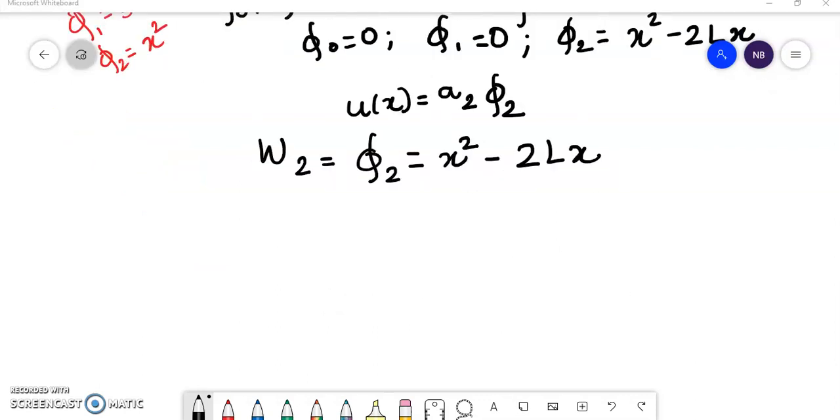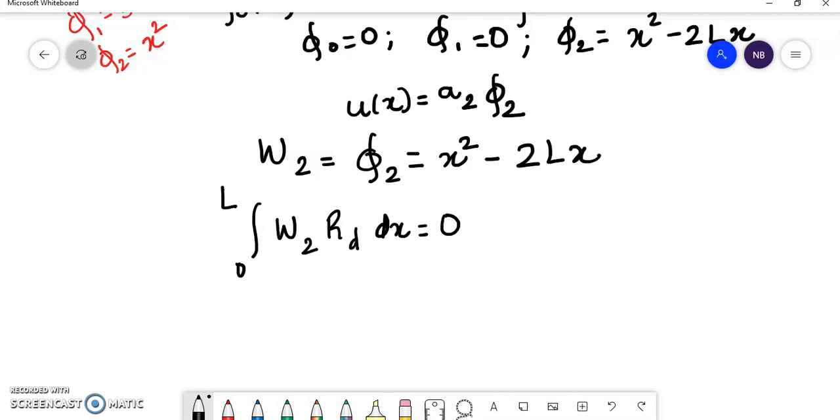In Galerkin method, we use the weighted residual method, in which the integral of w2 into the residual Rd dx has to be equal to 0.